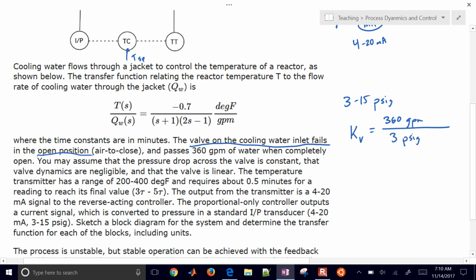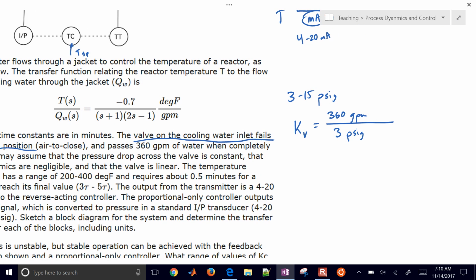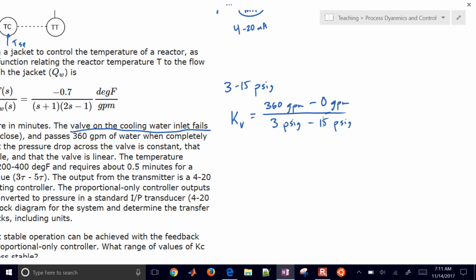So when the pressure is off of the valve, it's going to be open. And when it is fully closed, then it's going to be 0 gallons per minute, and that's going to be equal to 15 PSIG. Okay, so when we apply pressure to it, it closes the valve, and that gives us something that looks like 360 gallons per minute divided by -12 PSIG.